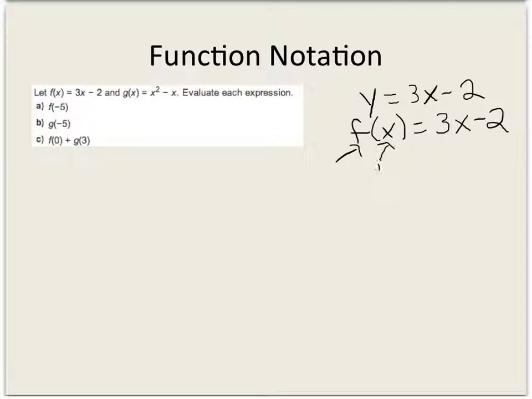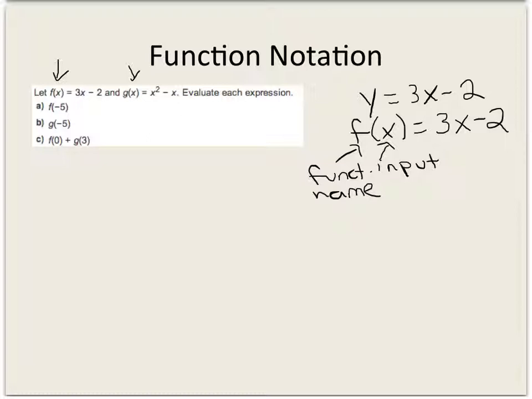X is the input, and f is the function name. Normally we use f, that's the most common, f for function. But if you have more than one function, often you'll see different letters. Like in my example here, I have f of x and g of x, just to note that I have two different functions that I'm dealing with.